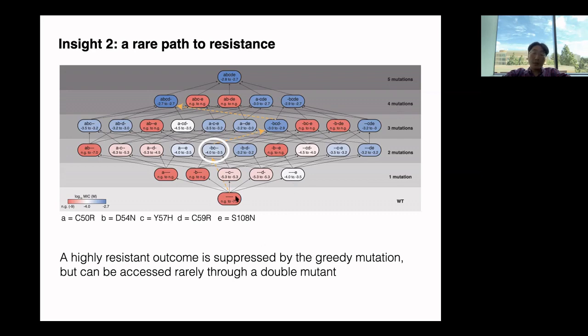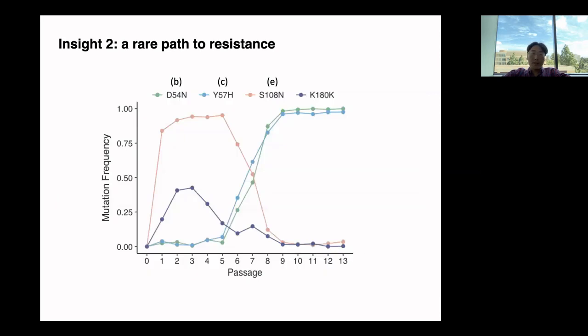And the way that works is that in some cases, you will get a double mutation before or at the same time you get this single mutation in the population. And so when they're coexisting, then this more resistant double mutant can take over, and you open up other areas of the fitness landscape to climb. And this can be seen by tracking the mutations in one of our experiments.